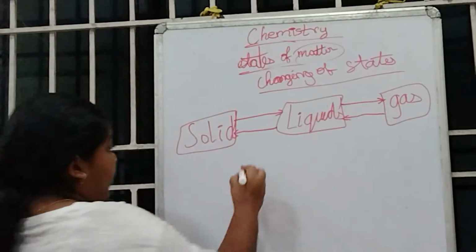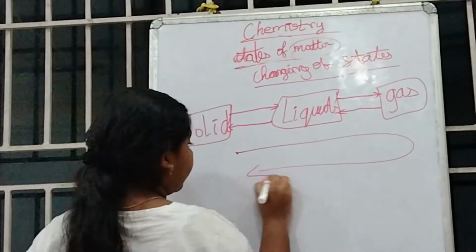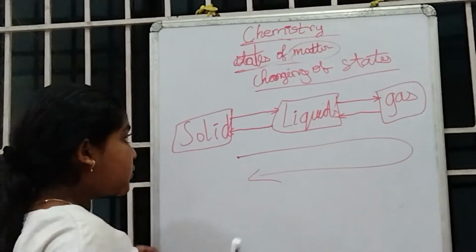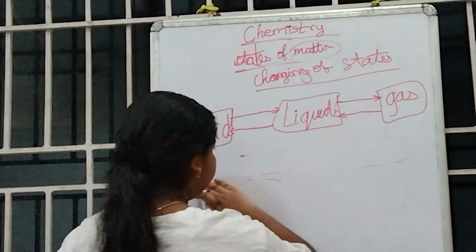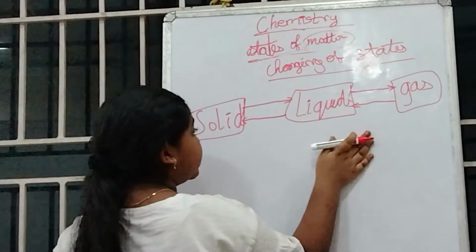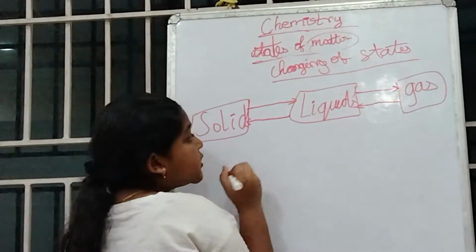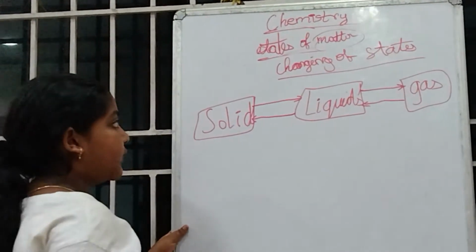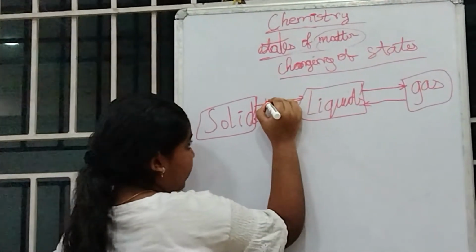We can go this way. First, we can see how solid changes to liquid. The process of solid changing to liquid is melting.